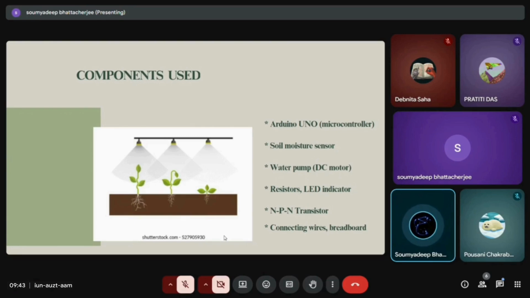A tiny current from the Arduino's digital output pin, to the base of the transistor, controls a much larger current flow to the pump from the collector to the emitter. This isolates the high power circuit from the sensitive microcontroller, protecting our main component.